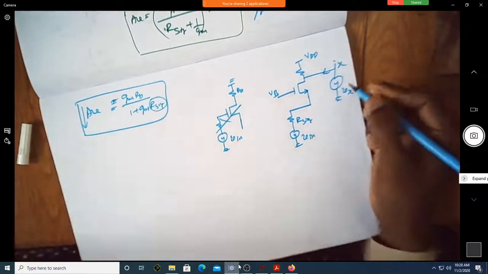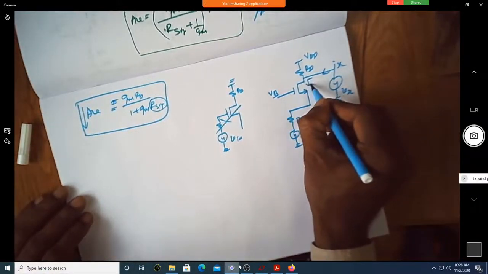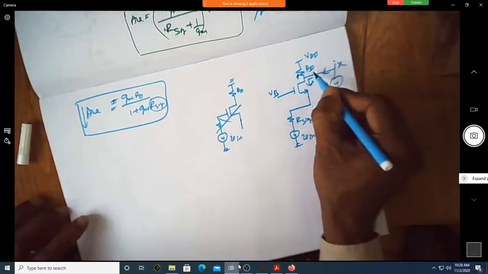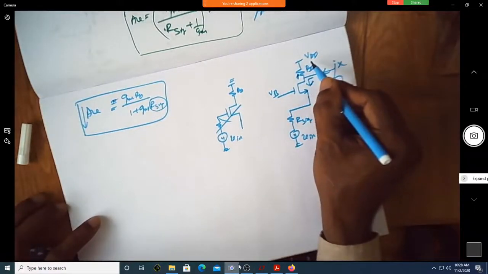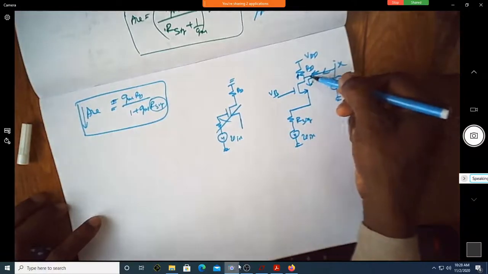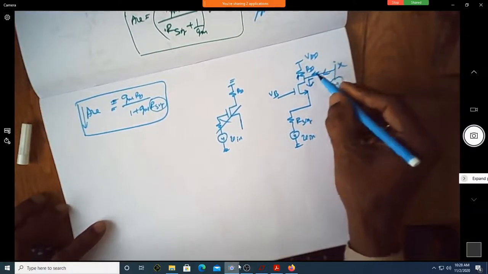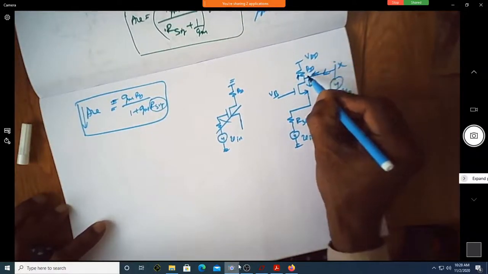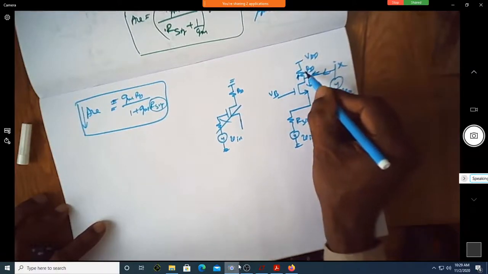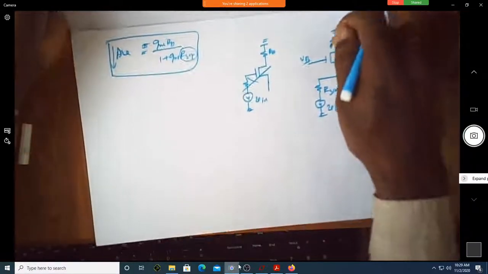Fine. So what we'll do is divide this into two different resistances. Looking up is RD, correct? Looking up from here, because the output resistance is nothing but this in parallel with this. You have some resistance looking down and some resistance looking up. Let me open circuit this and find the resistance looking down here.